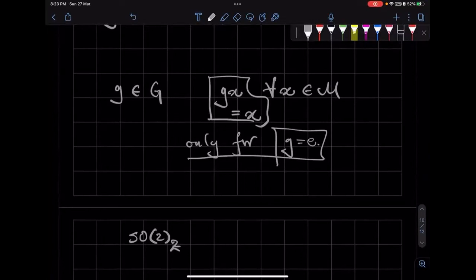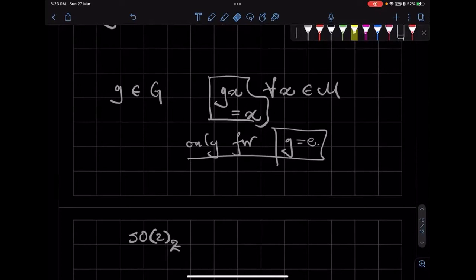Okay, so an effective action doesn't have to be free. But if the action is free, then it has to be effective. Okay? So this is a little subtle, the difference between effective and free.